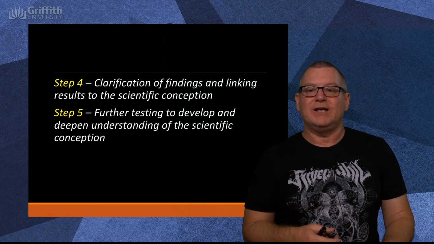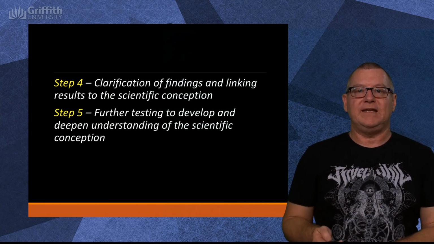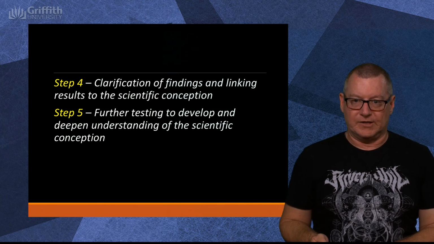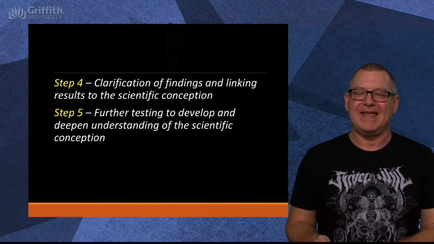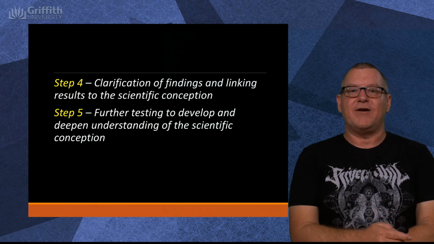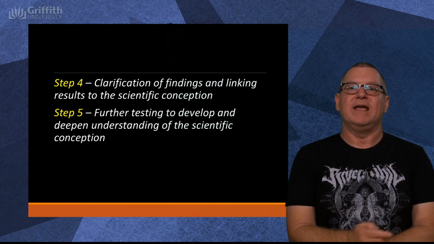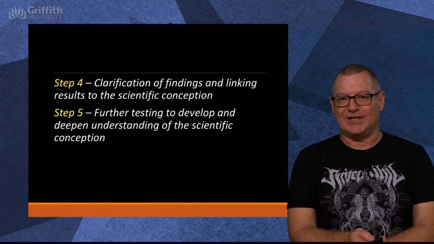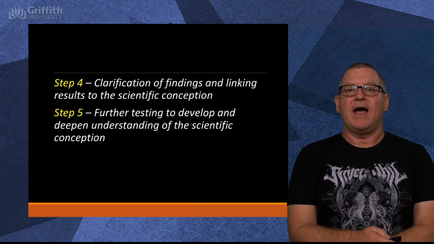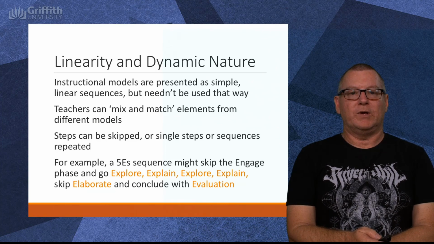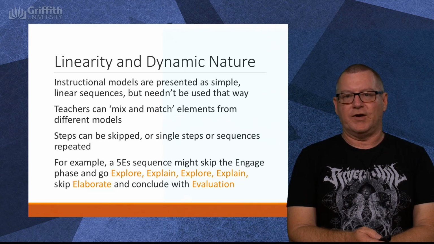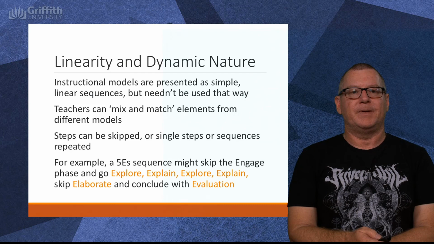So that's a really short rundown of 3 instructional sequences, instructional strategies, instructional models. And as I say, there are similarities and differences. There are ways in which they support each other and ways in which they challenge each other, slightly different emphases. But it's useful to know about all of them. So I'm actually going to skip that step.